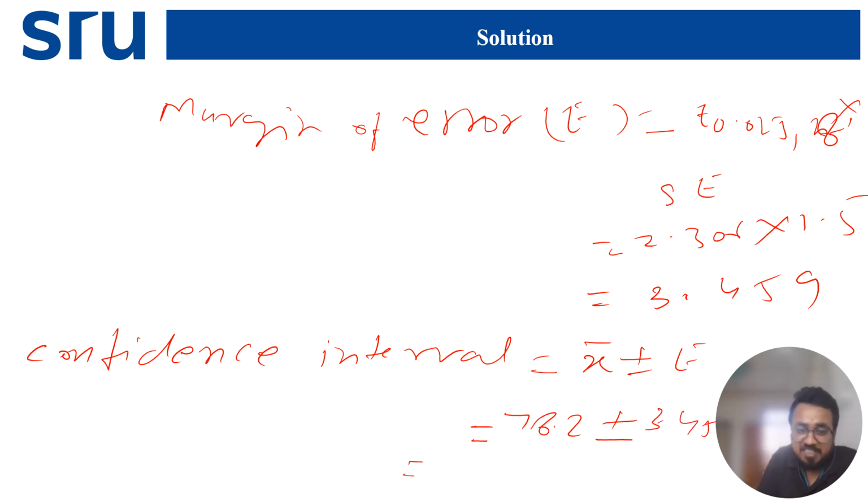So we can write this as an interval: 74.741 to 81.659. What does it mean? We are 95% confident that the true average exam score lies in this interval.